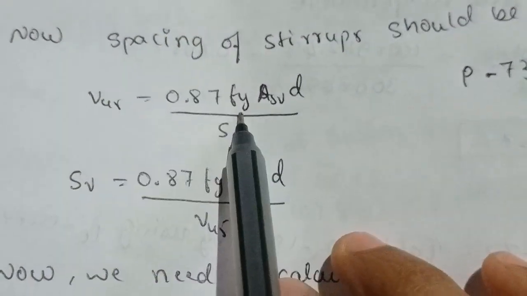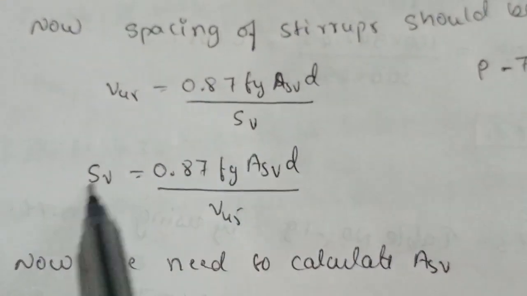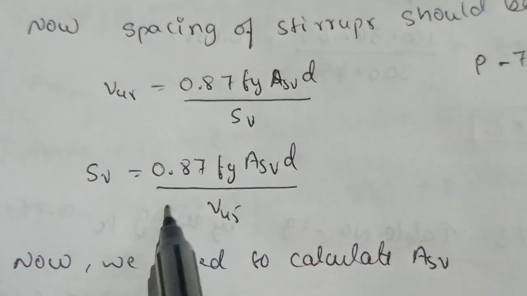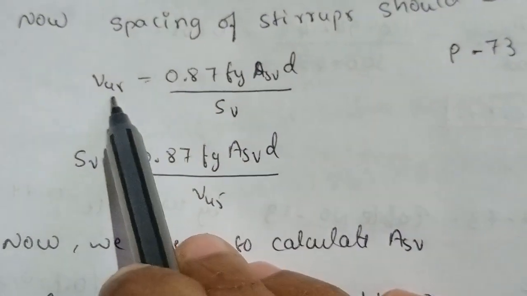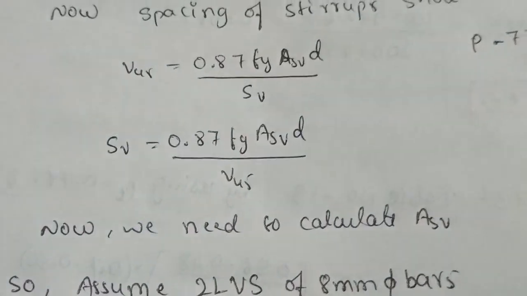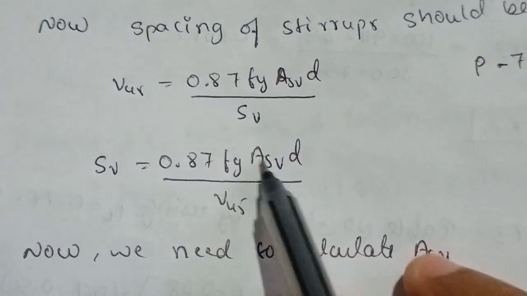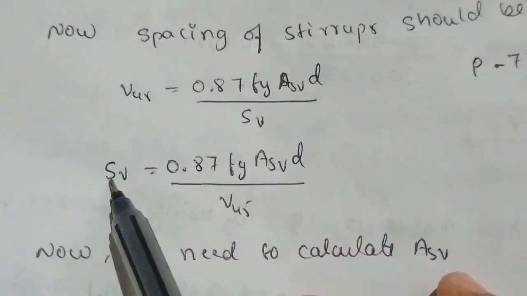SV is equal to 0.87 FY ASV d, divided by VUS. So now we need to calculate the ASV, that is the area of vertical stirrups, to find out the SV.